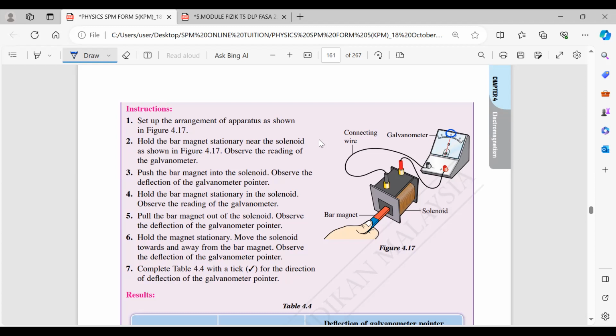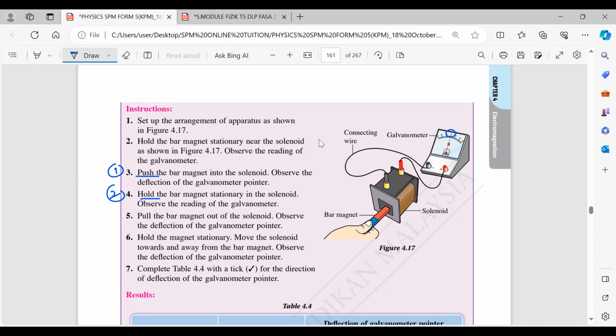Holding the bar magnet stationary near the solenoid as shown in figure 4.17, observe the reading of the galvanometer. Push the bar magnet into the solenoid, observe the deflection of the galvanometer pointer. Hold the bar magnet stationary. The second situation, you hold the bar magnet stationary, observe the reading.